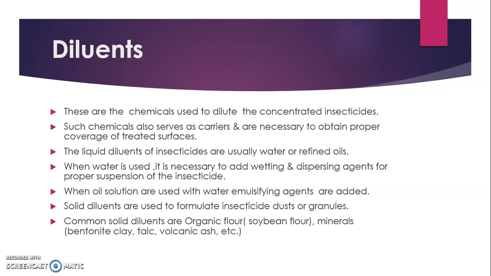The liquid diluents of insecticides are usually water or refined oils. When water is used, it is necessary to add wetting and dispersing agents for proper suspension of the insecticide. When the oil solutions are used with water, emulsifying agents are added.